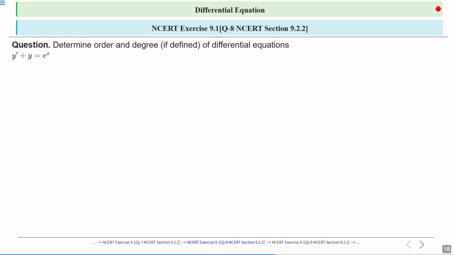Next question is determine order and degree of the differential equation y' + y = eˣ. Okay, so try.